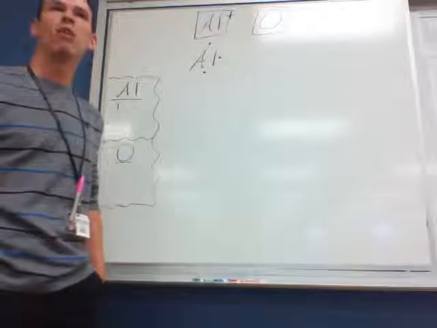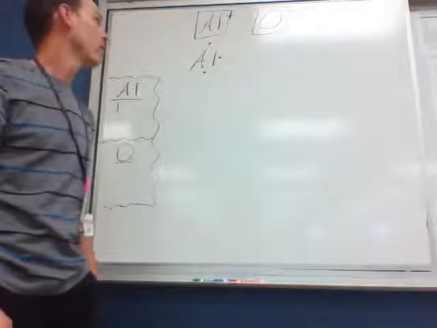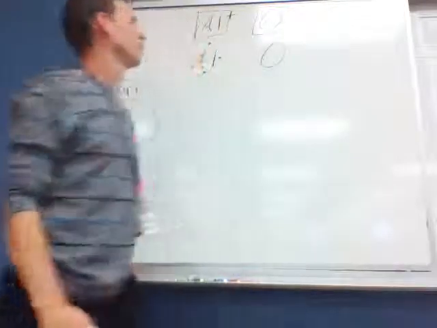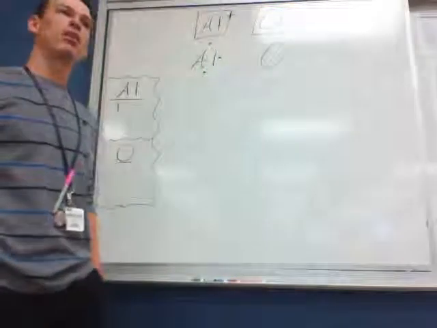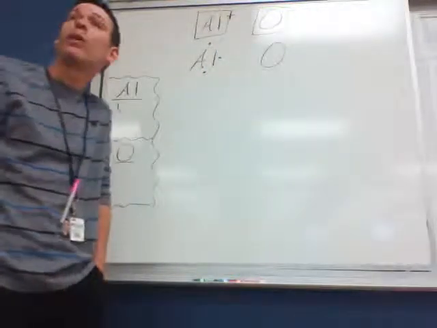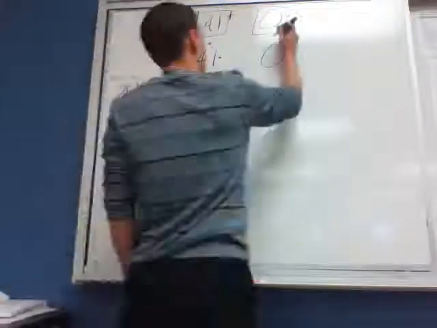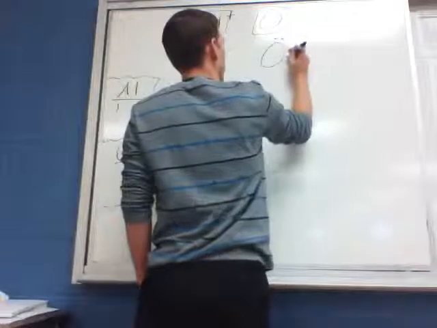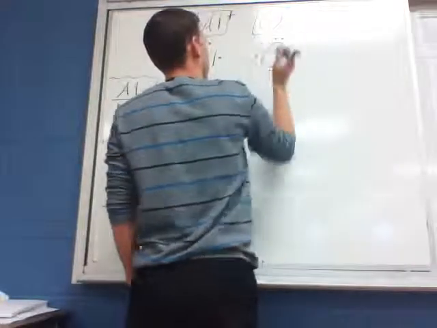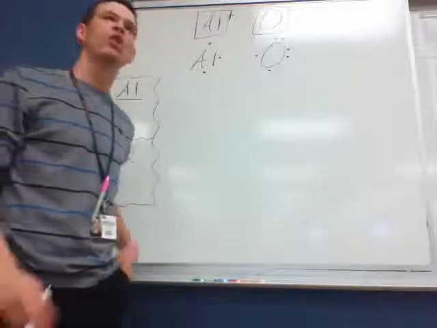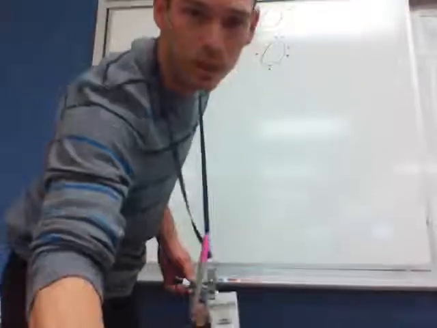I've drawn 1 aluminum, my little tally marks. All right, let me draw an oxygen. How many valence electrons does oxygen always start with? He's in group 16, so he's got 1, 2, 3, 4, 5, 6. Everybody with me so far? This is all last unit stuff.